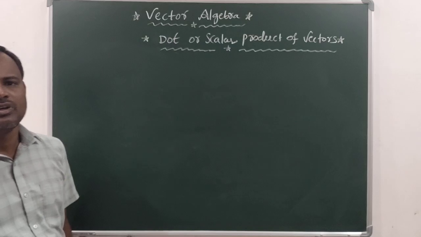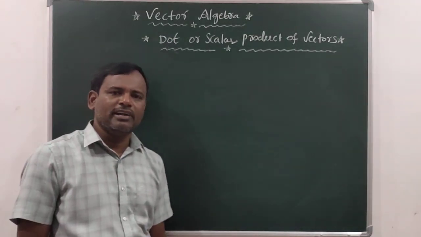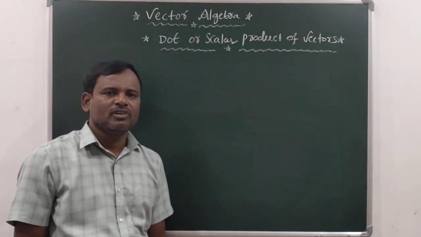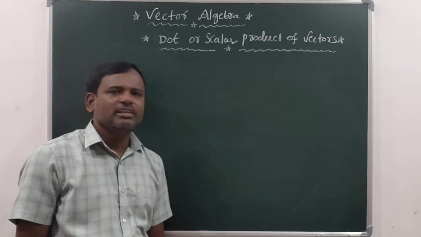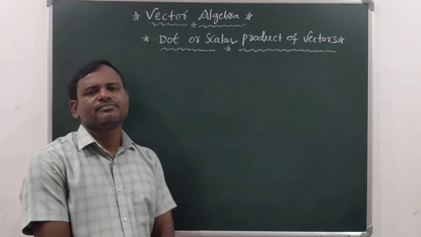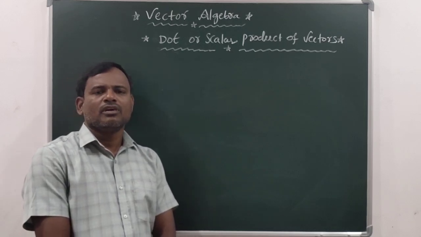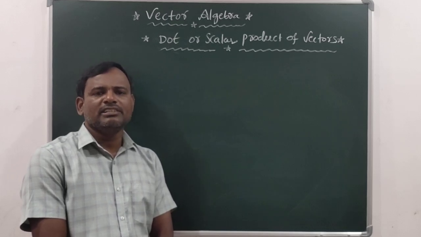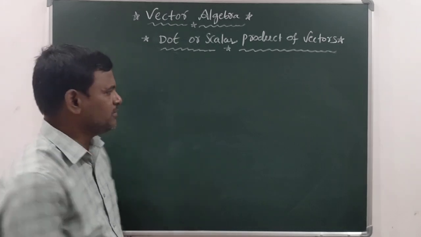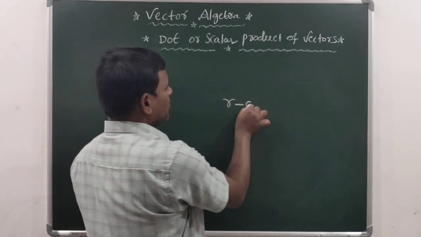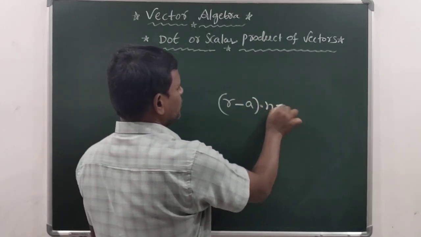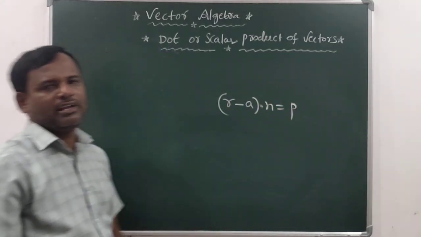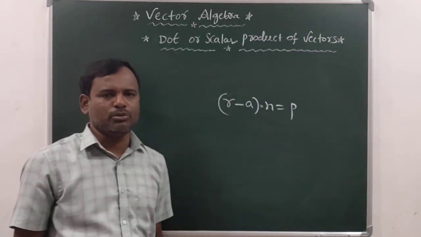Next, suppose on the plane there is one point A given, and the plane passes through the point A and is at a distance p units away from the origin. Its equation is r minus a dot n, which is equal to p. If any one point on the plane is given, just take r minus a.